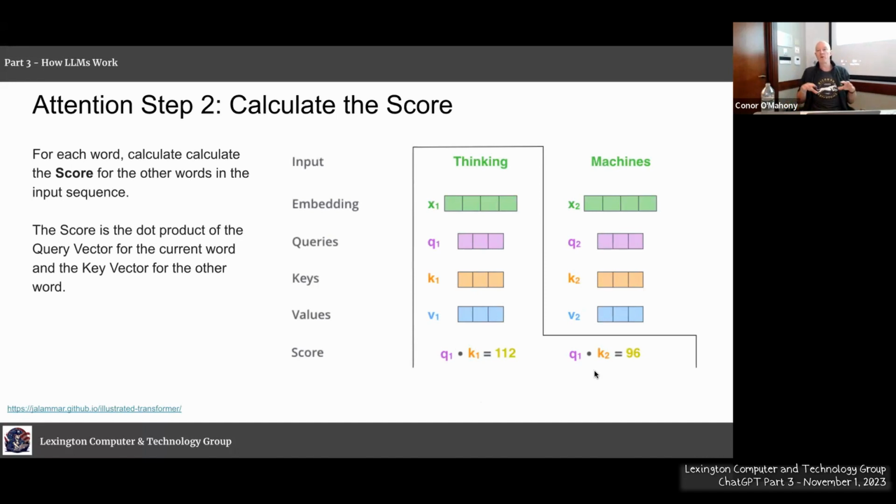One of the really cool things about dot products is if you do the dot product of a vector with another vector that's really close to it, it's going to be a big number. But if you do it with a vector that's far away, it's not.